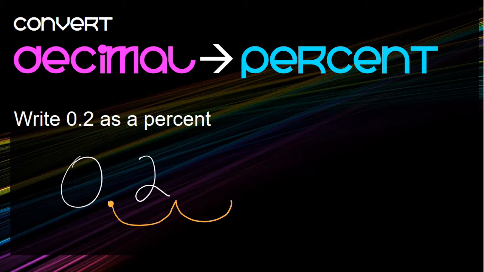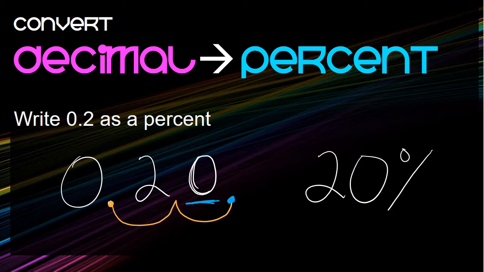And we write our new decimal where we moved it. You notice there is a blank spot. For our blank spot we're going to write in our place value holder, which is 0. So now we have 20, and then we just add our percent. So we can say 2/10 written as a percent is 20%.